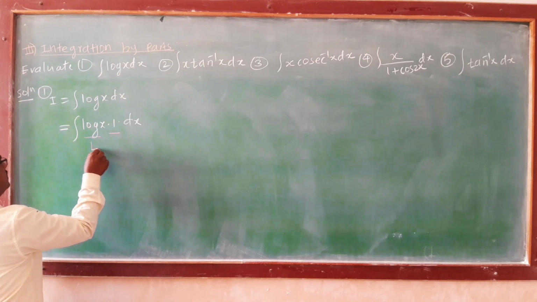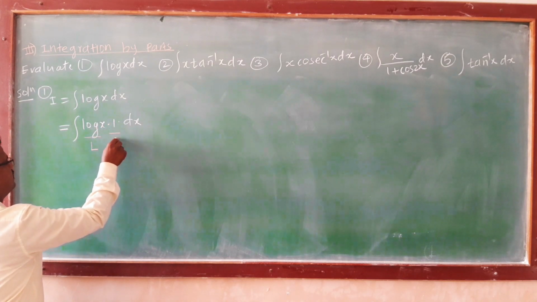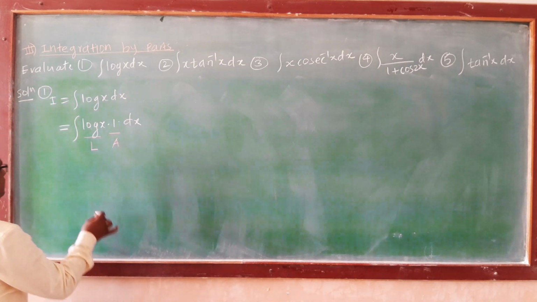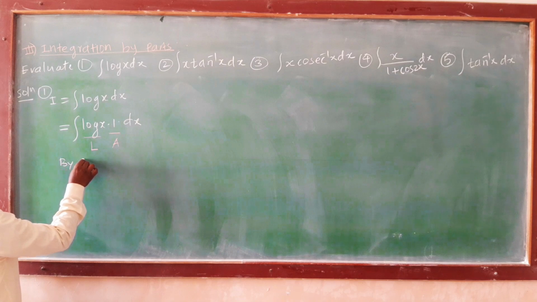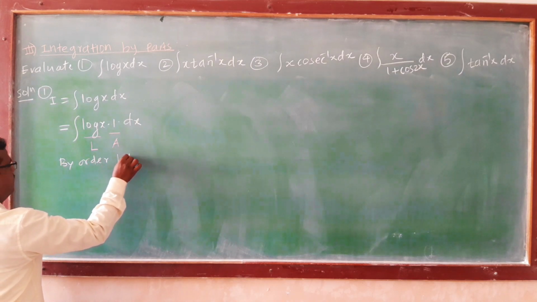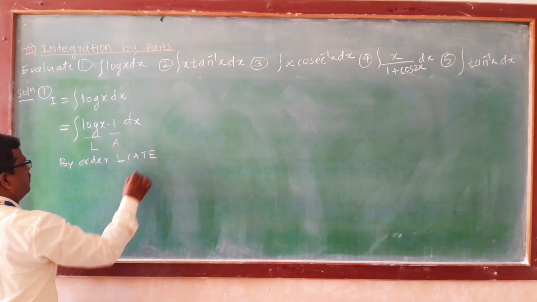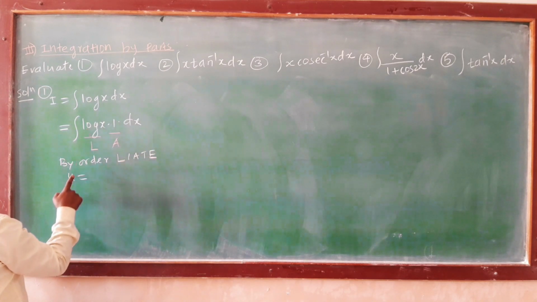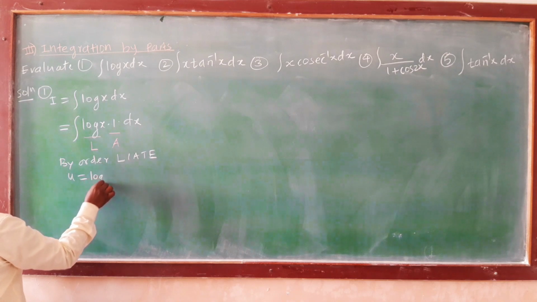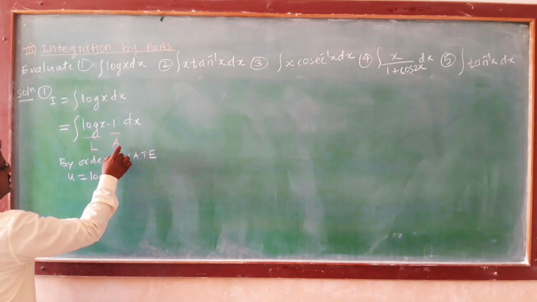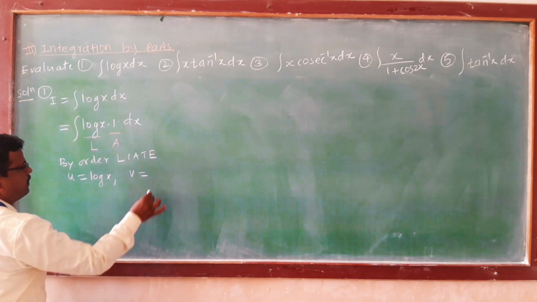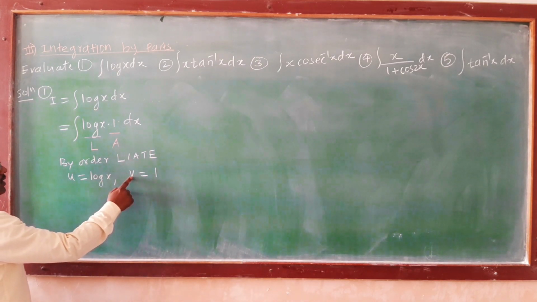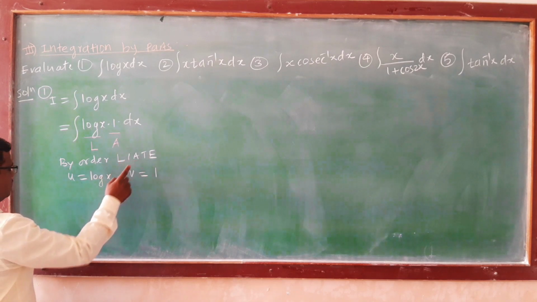Here log x is logarithmic, and 1 is an algebraic function. Now by the order LIATE you have to choose u and v. L is first, so take u is equal to log x, and A is next, therefore take v is equal to 1.